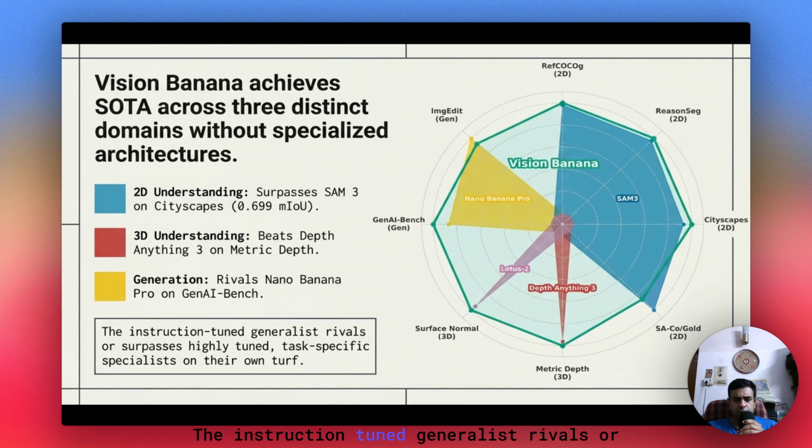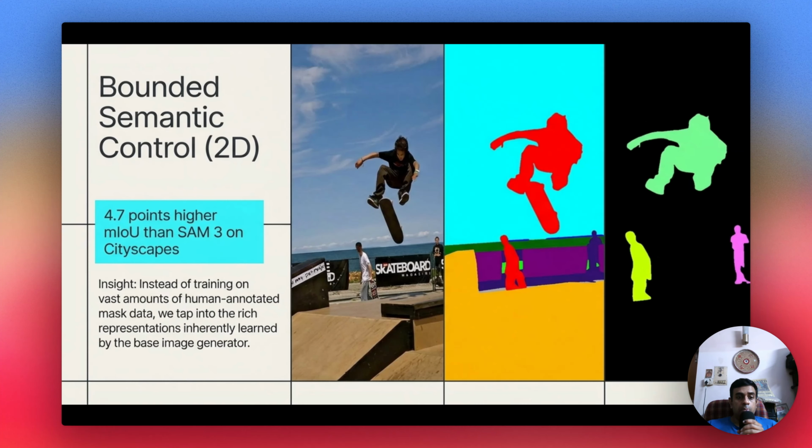The instruction-tuned generalist rivals or surpasses highly tuned task-specific specialists on their own turf. Bounded semantic control, so 2D, is 4.7 points higher in mean IoU, intersection over union, which is usually the metric used to measure semantic segmentation, than SAM3 on Cityscapes. So here's an insight.